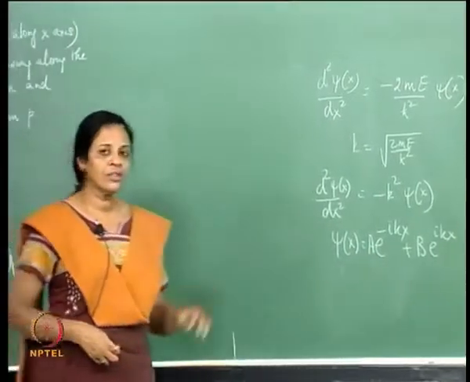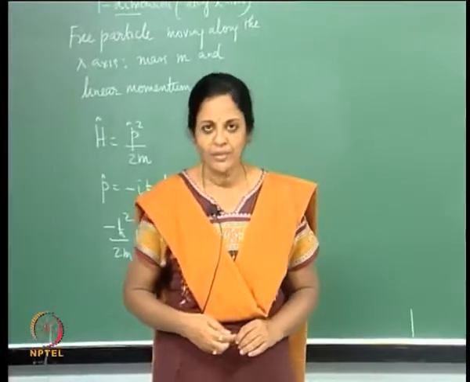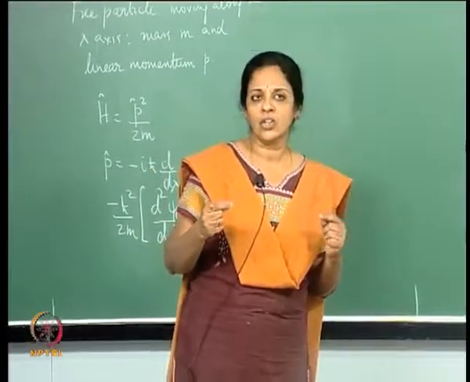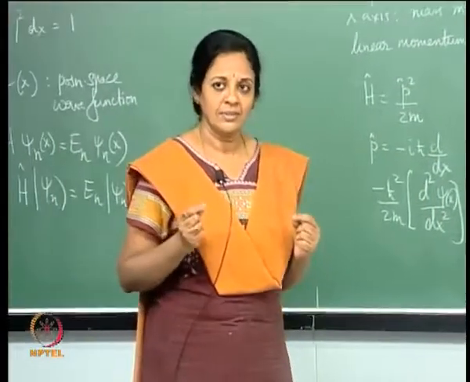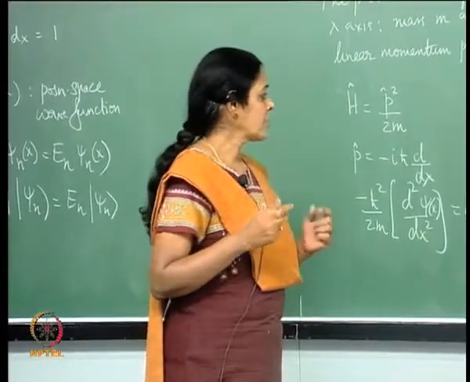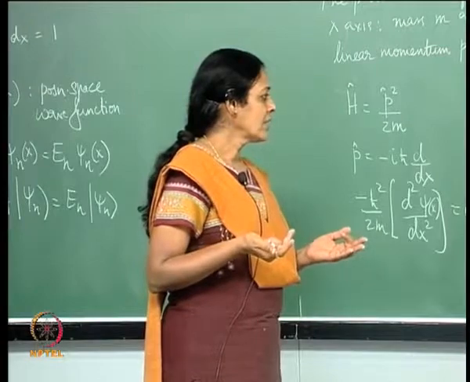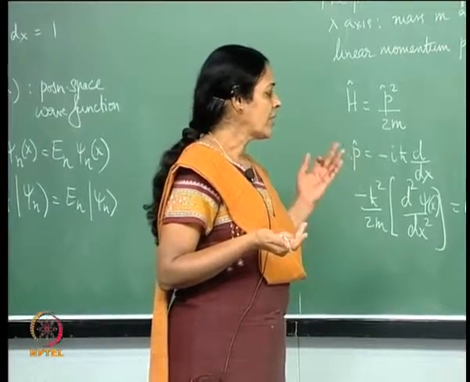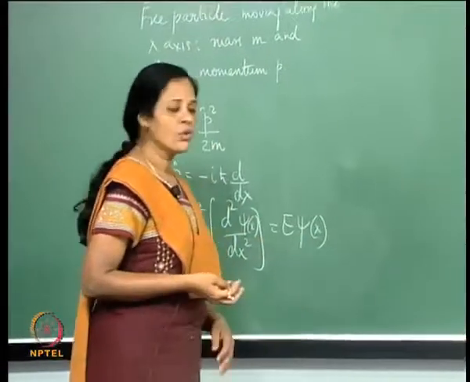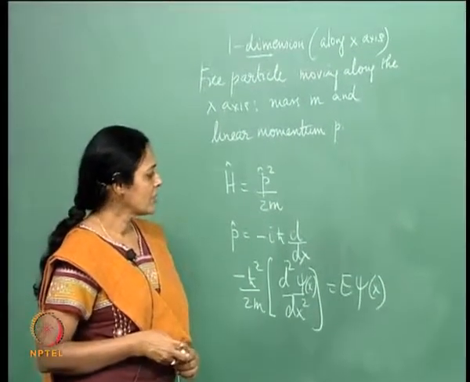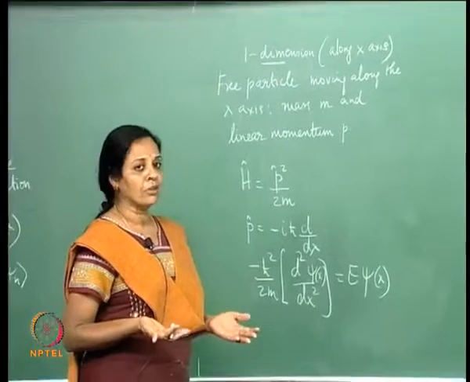So this is the solution to the eigenvalue problem for a free particle moving along the x-axis. I have not put in time dependence yet. I have simply written the eigenvalue problem H psi equals E psi in the position representation and gotten hold of this solution for psi of x with A and B to be determined from boundary conditions.